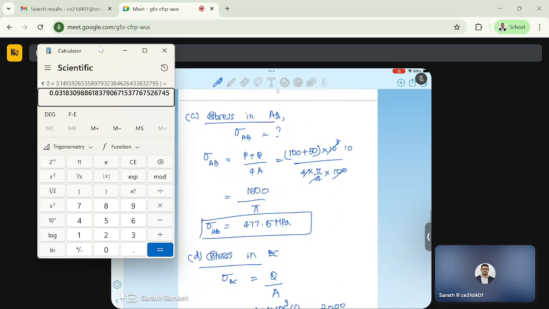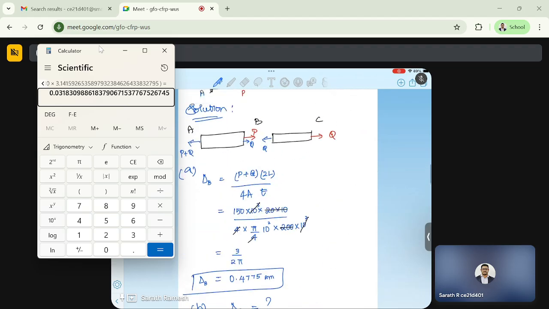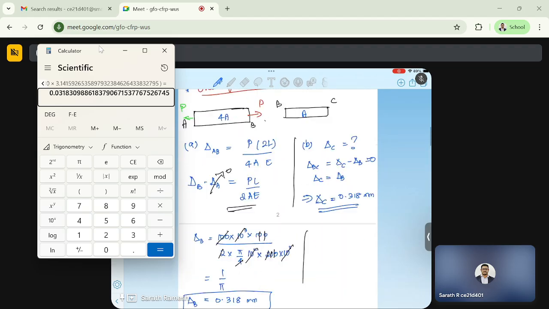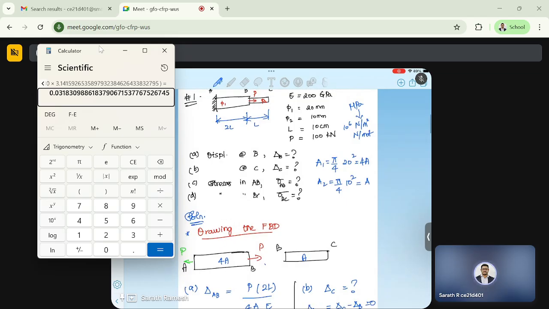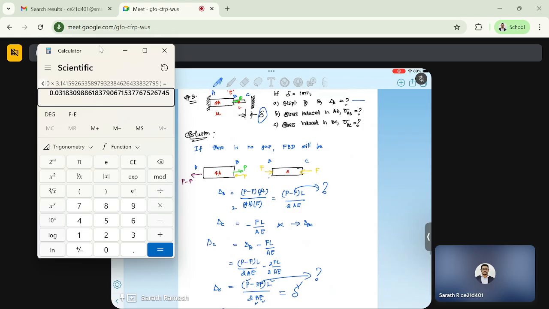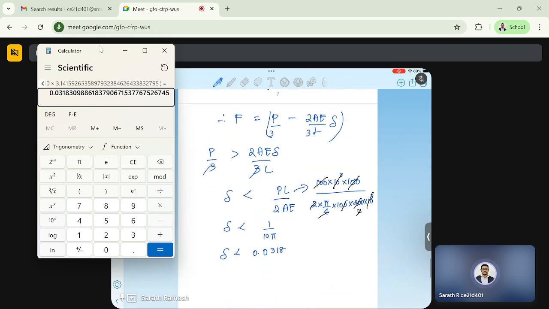L is 10 centimeter. So 100 into 10 power 3 into 10 centimeter, I converted into 100 mm. So 100 it became.